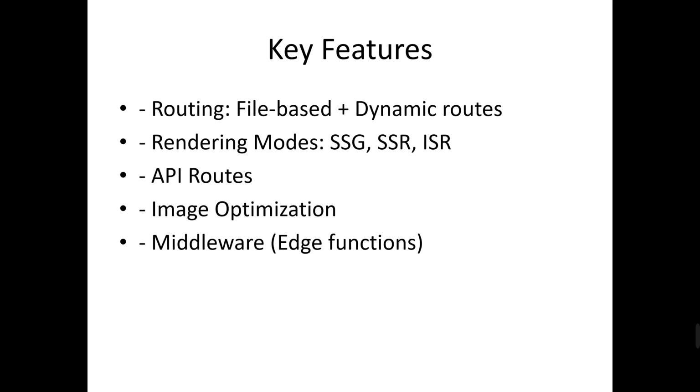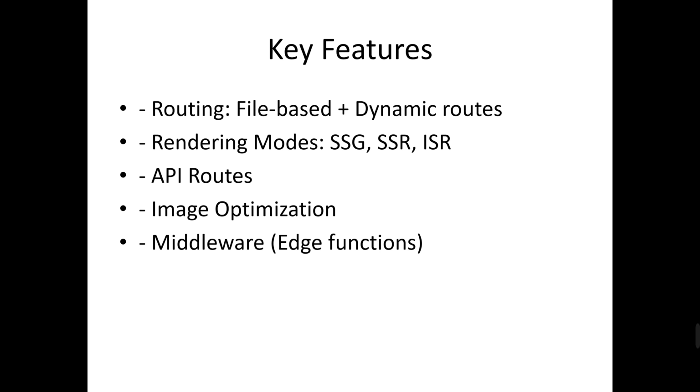Now the key features which make Next.js stand out are routes, which are file-based, plus dynamic routes. Dynamic routes are for when we want to fetch some data dynamically. In e-commerce websites, there are different products. If I want to fetch data for product one, and then again for product two, that is when the concept of dynamic routes comes into the picture, which we will see in future classes.